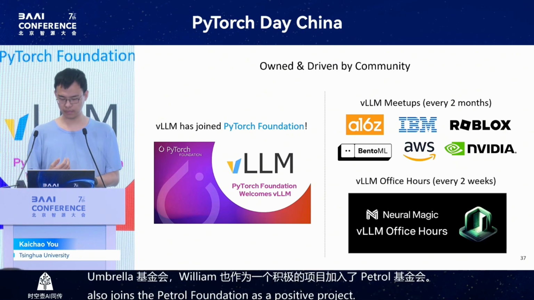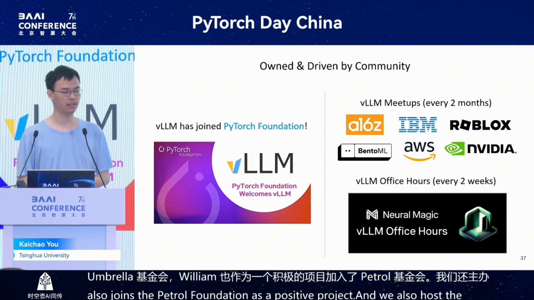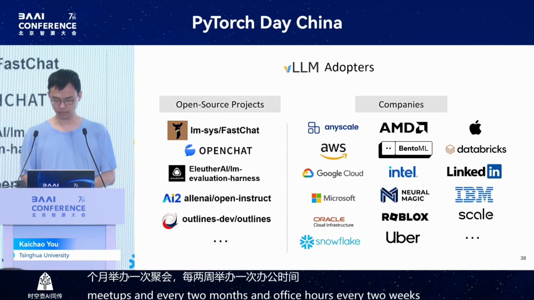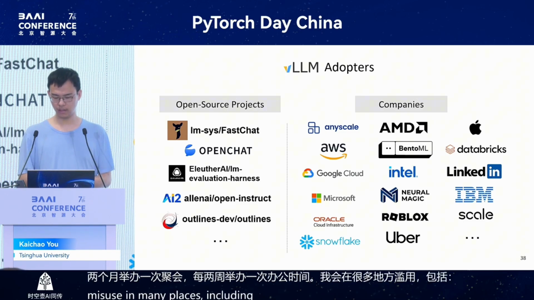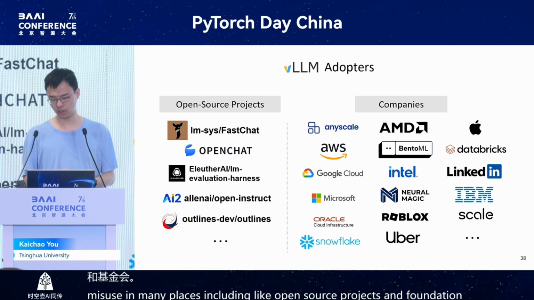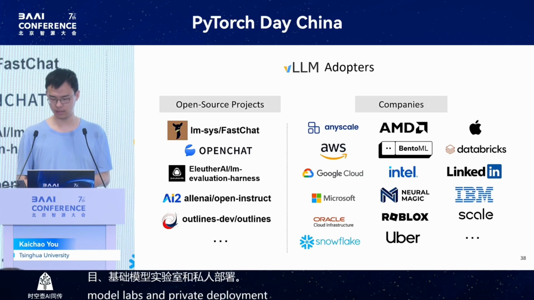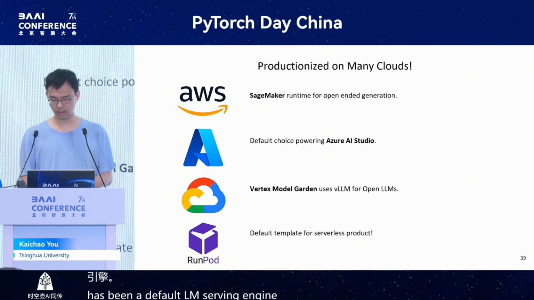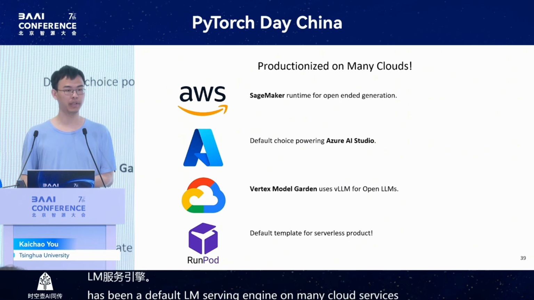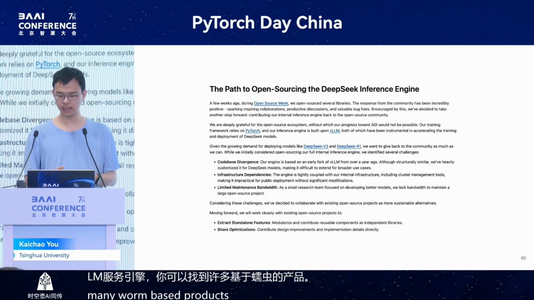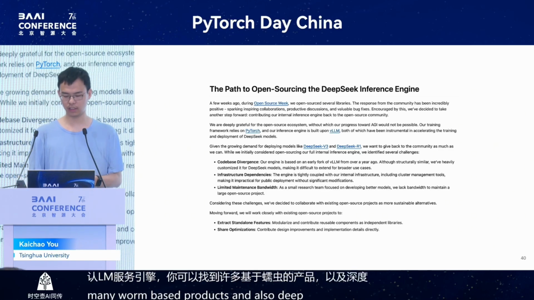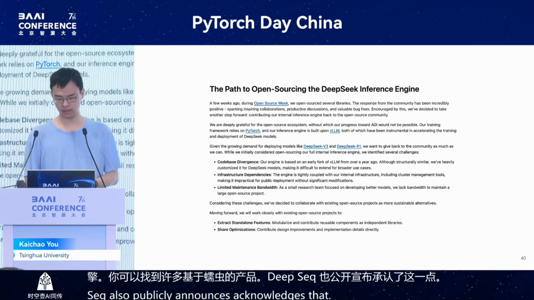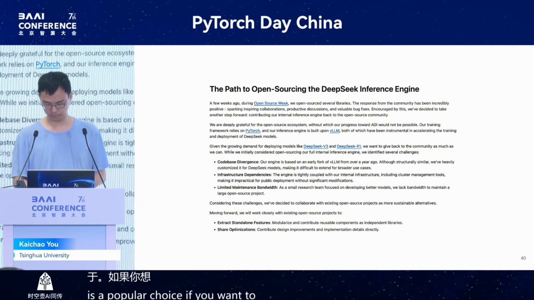We also host meetups every 2 months and office hours every 2 weeks. vLLM is used in many places, including open source projects, foundation model labs, private deployments, and also cloud service providers. vLLM has been the default LLM serving engine on many cloud services, and you can find many vLLM-based products. DeepSeek also publicly acknowledges that its inference engine is based on vLLM. So vLLM is a popular choice if you want to run LLM inference.